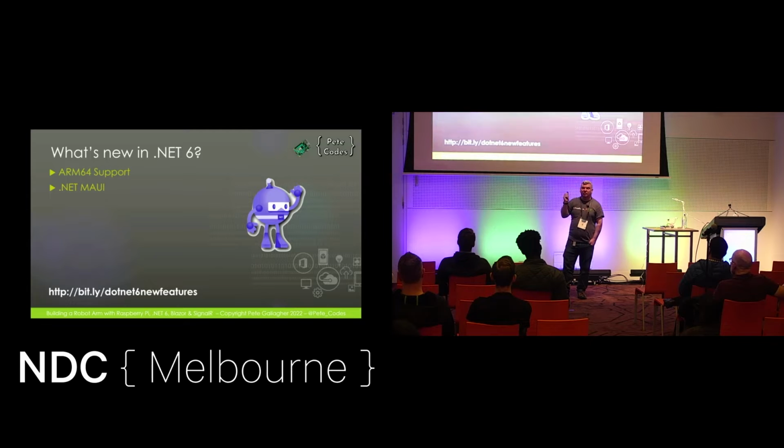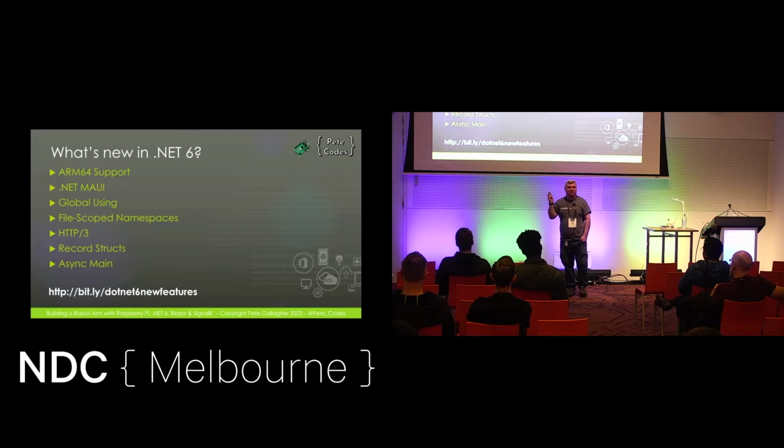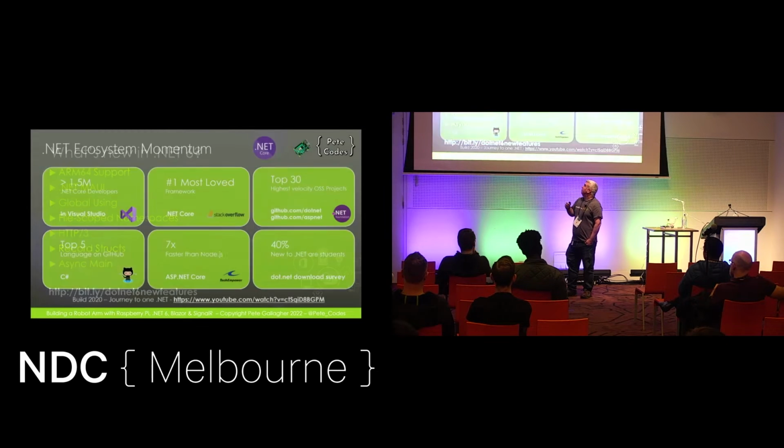And we've also got .NET MAUI, which my friend Cliff loves, to be able to make multi-platform apps, which is cool. Global usings, file scope namespaces, HTTP3, record structs, async main, which is cool. I've only used a couple of those, but they're always improving, which is pretty cool.